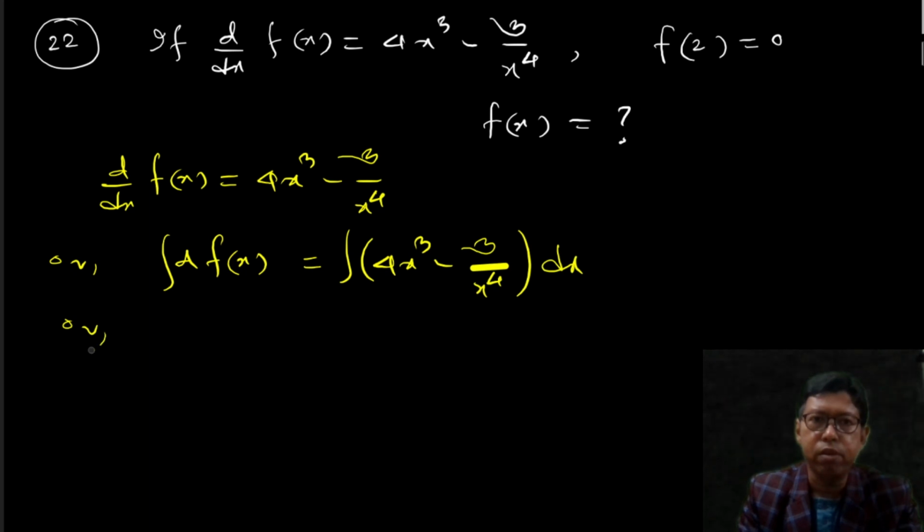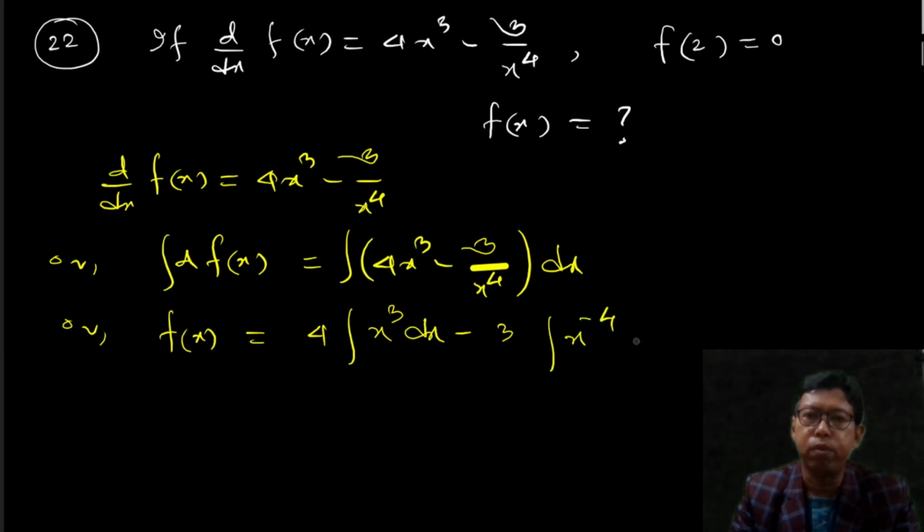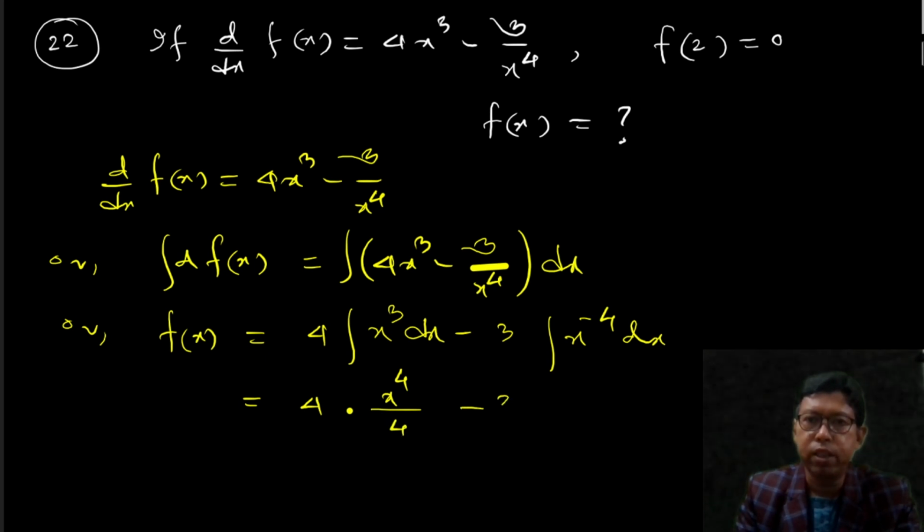Integration of d of f of x means your f of x, and the integration, you split this one: 4 times integration of x cubed dx minus 3 times integration of x to the power minus 4 dx. This is 4 times x to the power 4 upon 4 minus 3 times x to the power minus 4 plus 1, that is minus 3, divided by minus 3, plus the integration constant c.